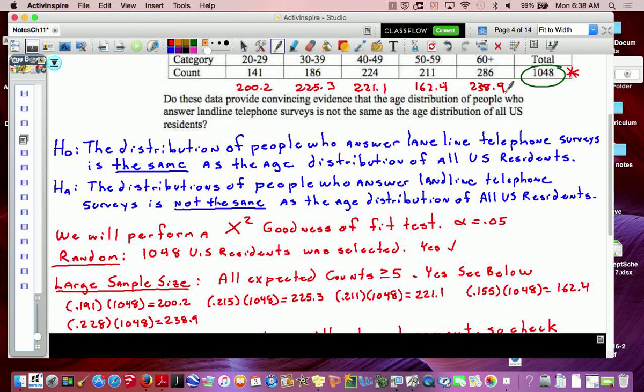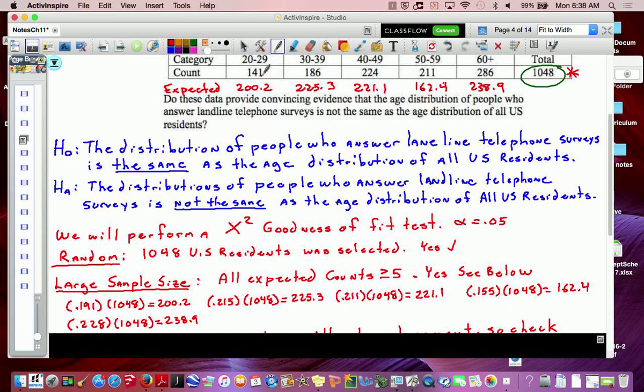So as you start to look at this, again, these are the expected counts based on the US population by age groups. So you can start to see, wow, we expected a lot more than what we got in the 20s and 30s. 40s was pretty much dead on, but 50s and 60s we got a lot less. The question is, is this statistically significant?